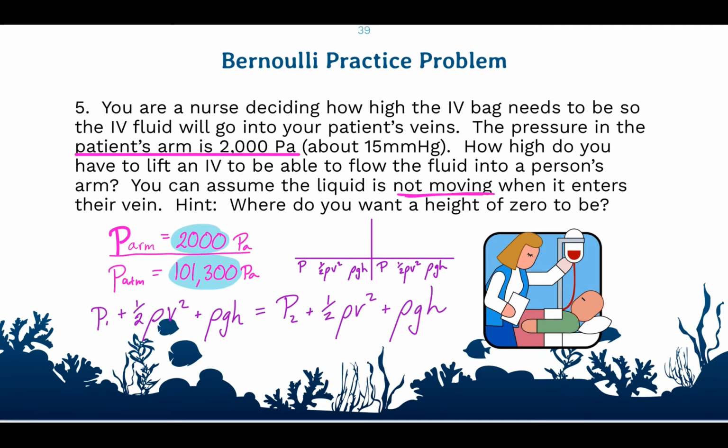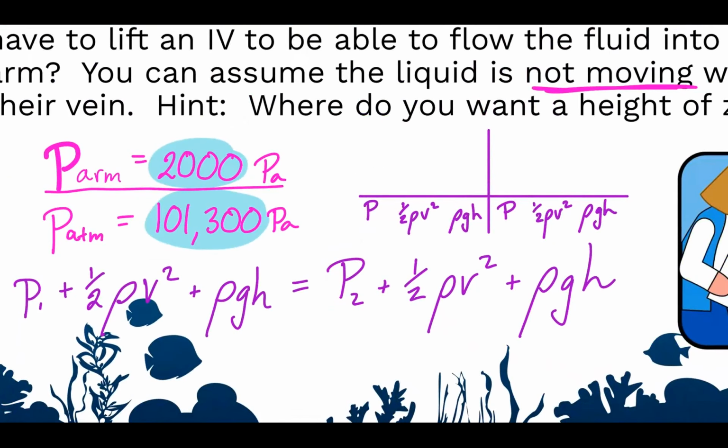So if I'm thinking about this in terms of an energy bar chart and I have this as the bag and this is your arm, I'm going to have a certain amount that is 1 atmosphere. And that'll be the same for both sides, plus this pressure in your arm, which will be the extra.